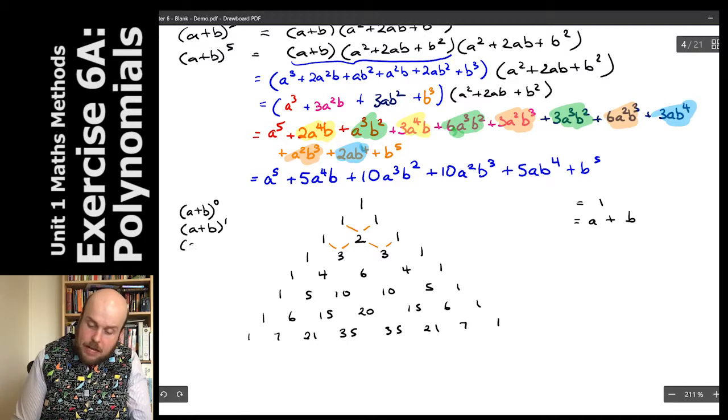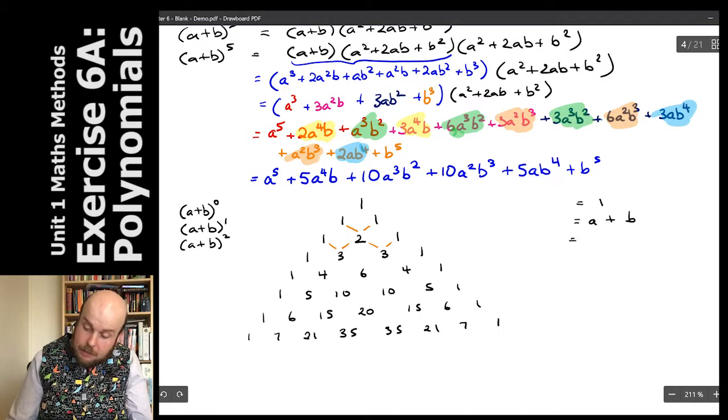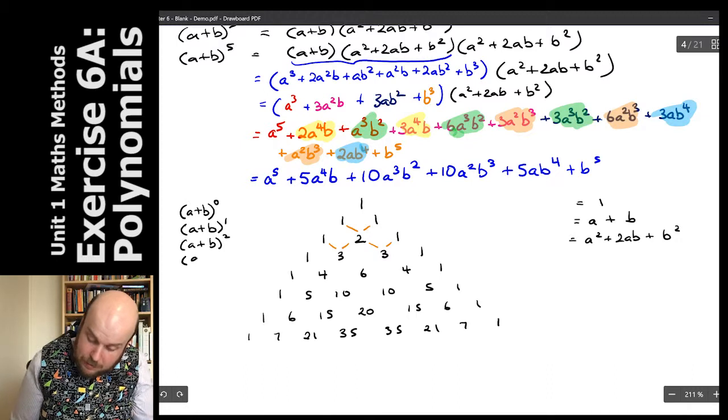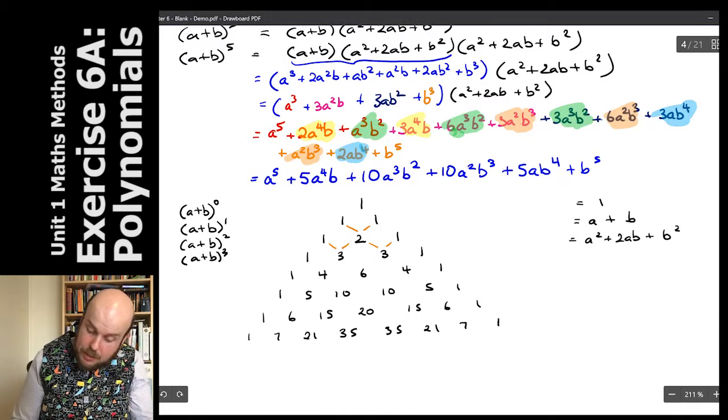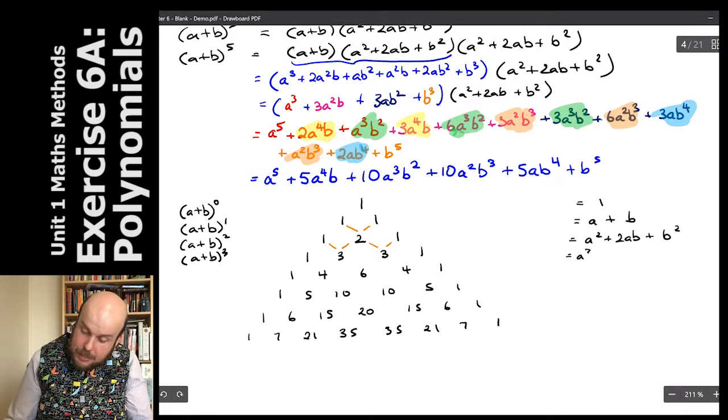And then a plus b squared is going to be equal to a squared plus 2ab plus b squared. Then our next one along here, a plus b cubed, following this pattern, is going to be a cubed plus 3a squared b plus 3ab squared plus b cubed.